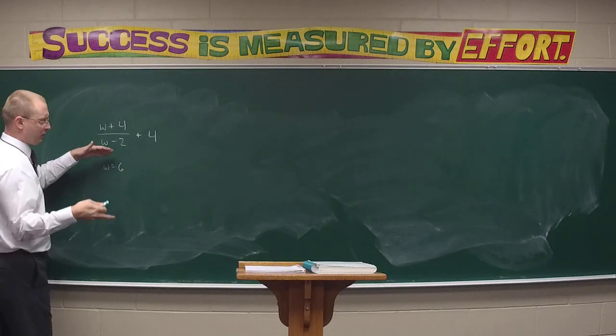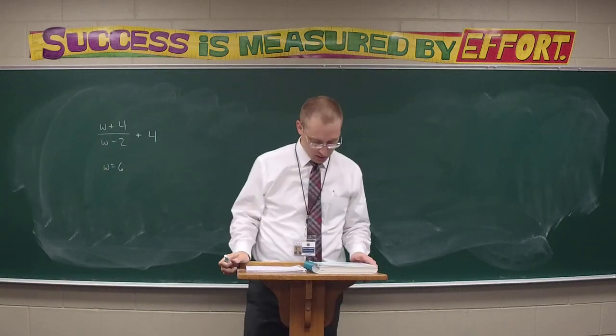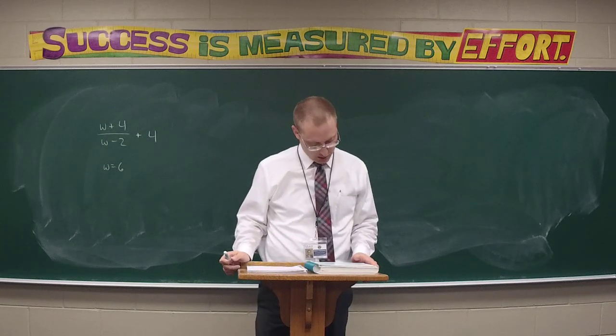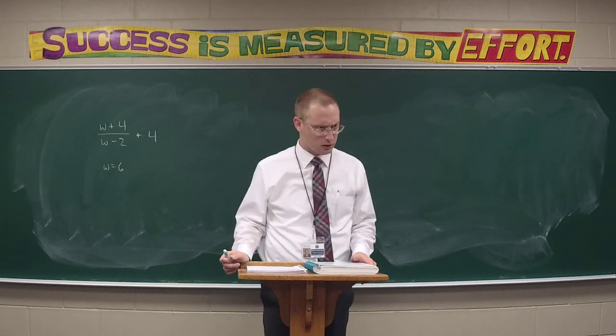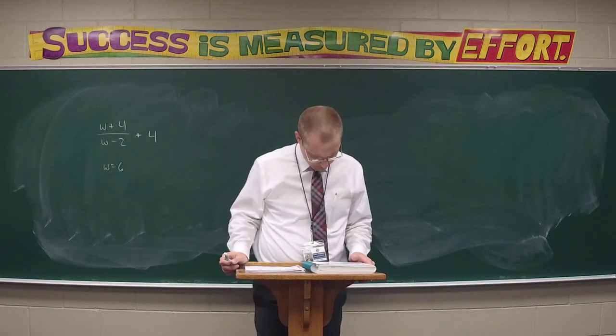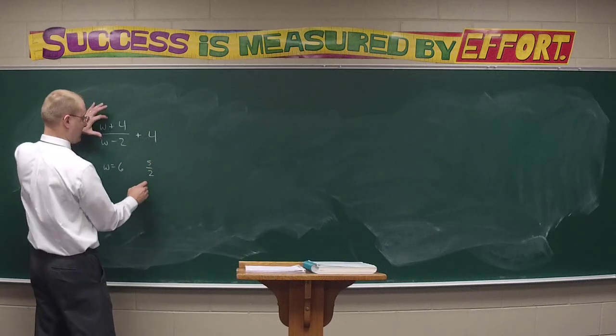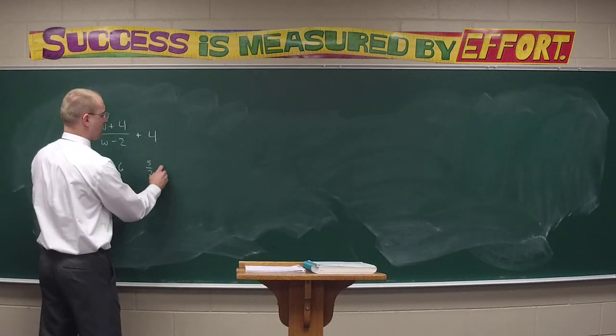I guess that's 5 halves. 2.5 plus 4 gives you? If w is 6, what do you get for your answer? Okay, initially, yes. So you get the 5 halves here, right? 10 fourths becomes 5 halves plus 4.